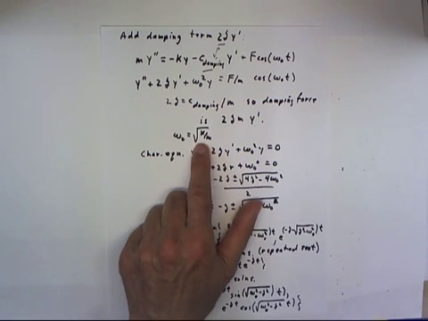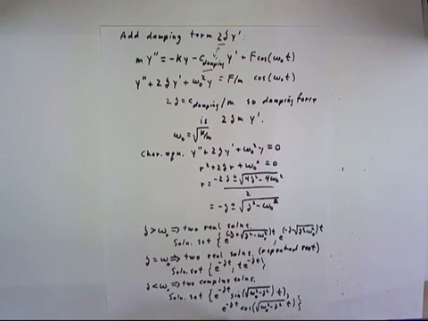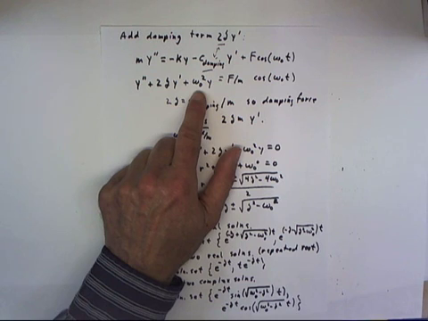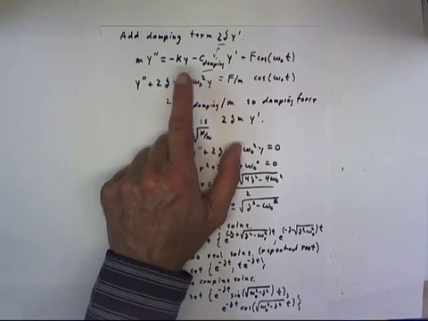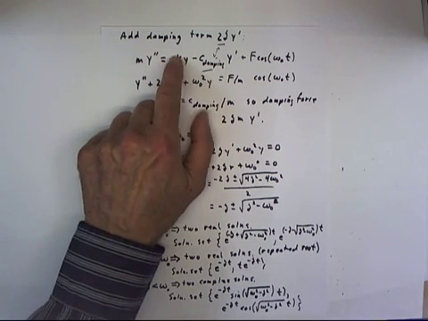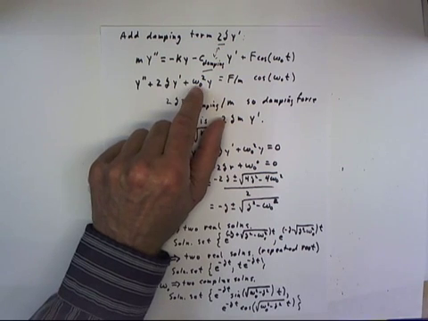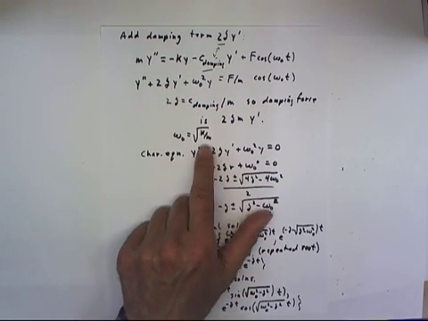In any case, as we've seen before, omega naught is the square root of k over m. So instead of k over m in front of the y, we're going to call it omega naught squared.